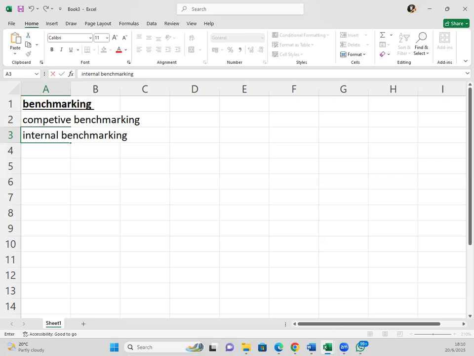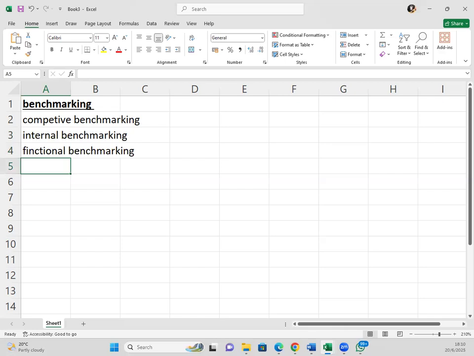Then we have functional benchmarking. Functional benchmarking is an element of competitive benchmarking. So you're comparing with a different organization, your department with another similar department of a different organization.